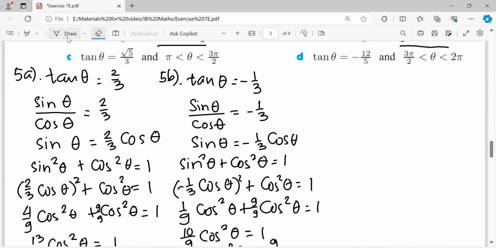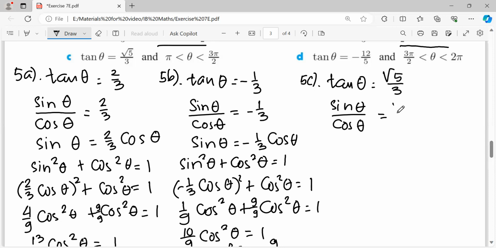Next, 5c. Tangent theta equals square root 5 over 3. Tangent theta equals sine theta over cosine theta, so sine theta equals square root 5 over 3 cosine theta.